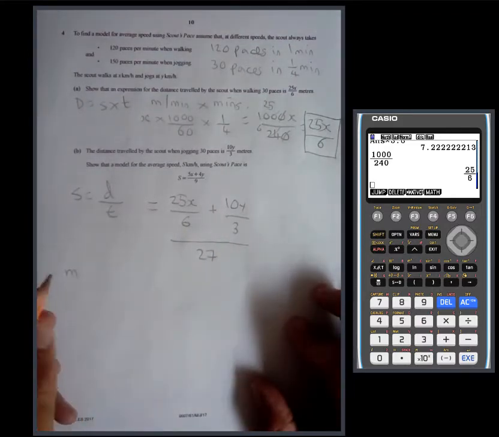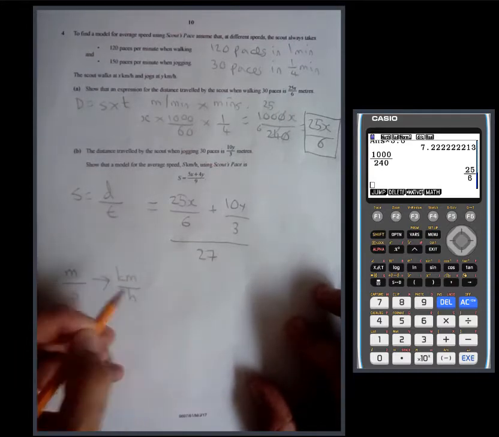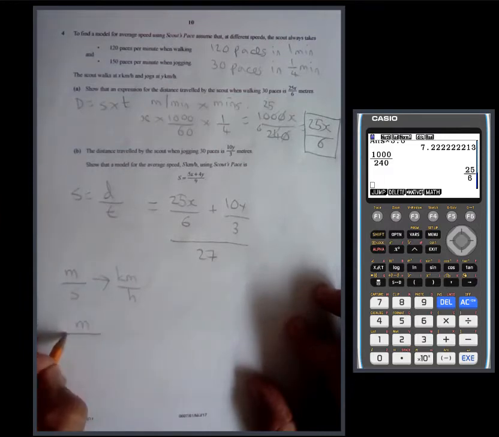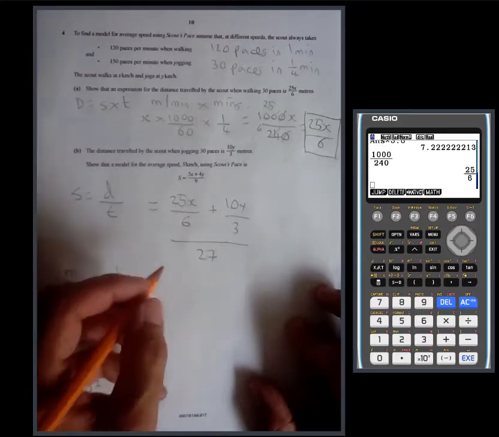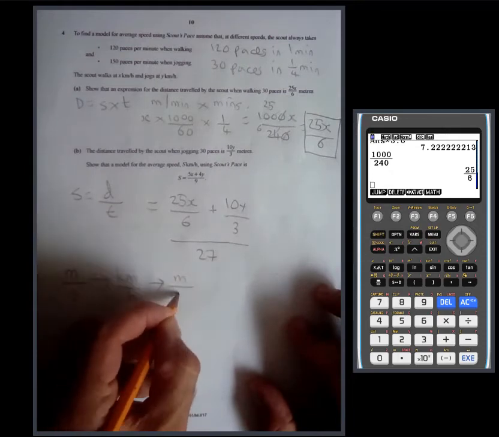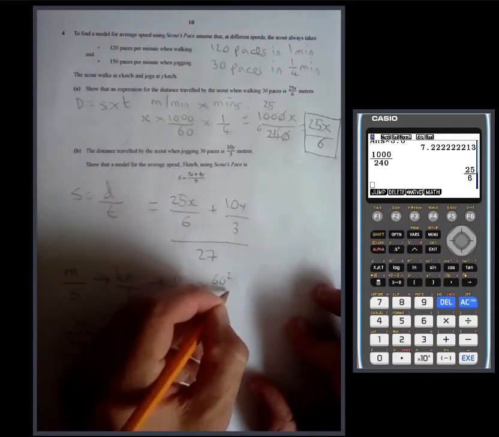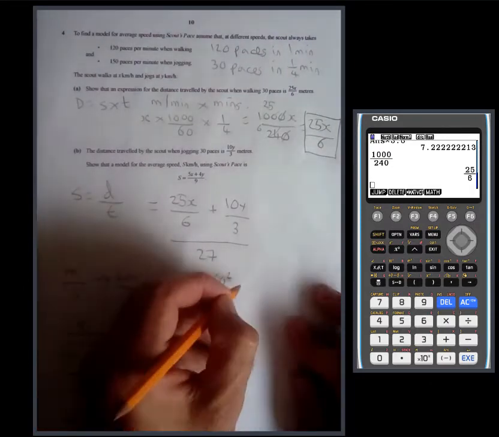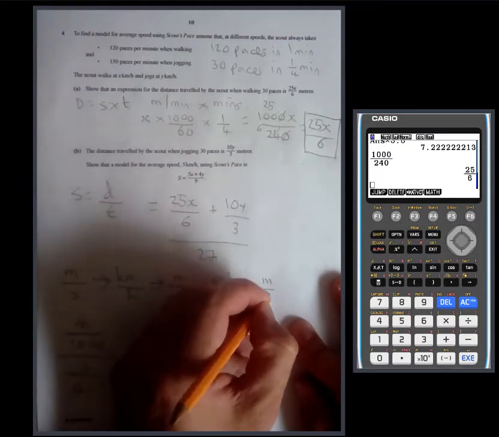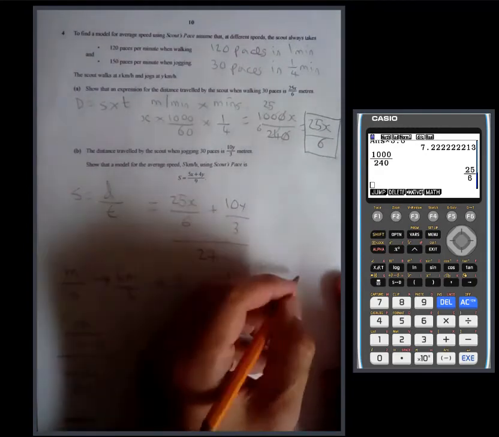But remember, meters per second to kilometers an hour. What you need to do is take the meters and turn them into kilometers by dividing by 1,000, and then take the seconds and turn them into hours by dividing by 60 squared. So you end up with meters over 1,000 times the reciprocal of s over 60 squared, so times 60 squared over s, which ends up being whatever your original speed in meters per second was, and then you times it by 60 squared over 1,000.